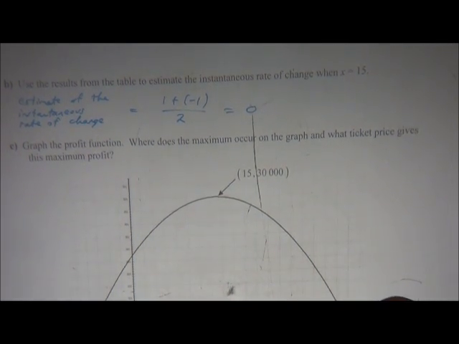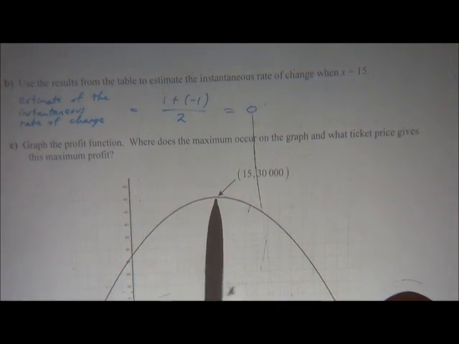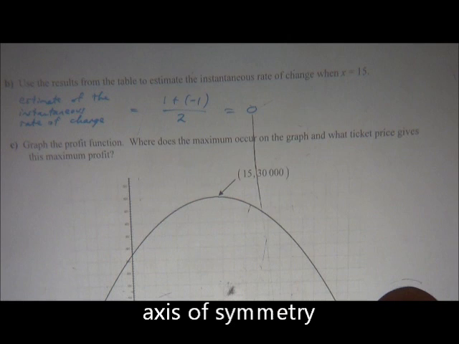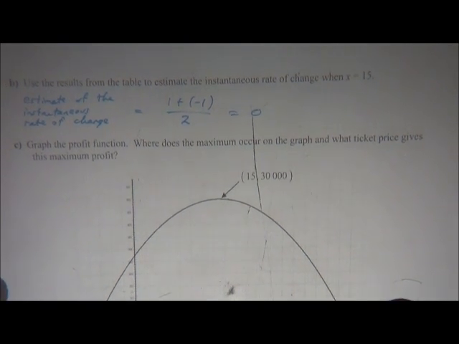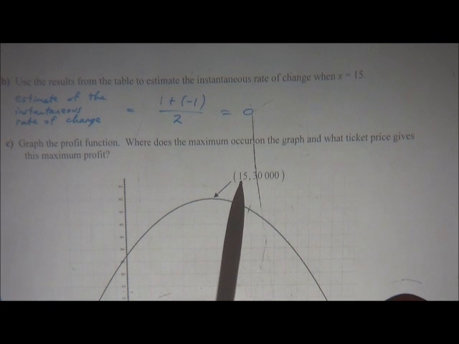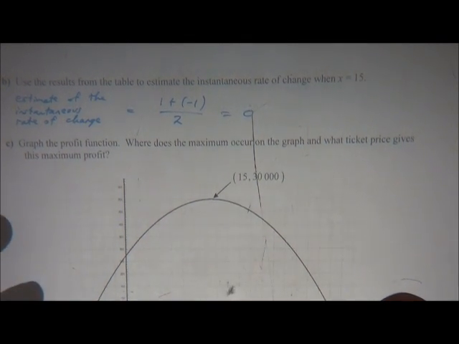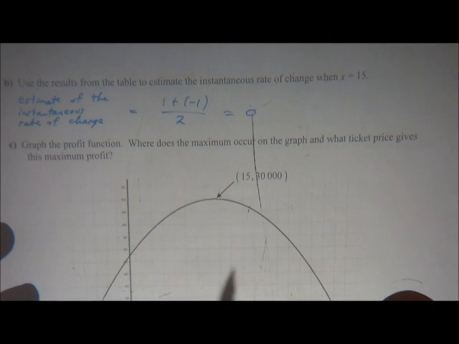If you were to draw the parabola, it should look like that, and then 15 looks like the midpoint of the zeros, which would be the axis of the curve. And if we take that $15 and substitute it into the formula, then we would get 30,000 there.